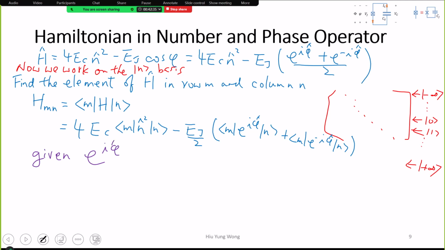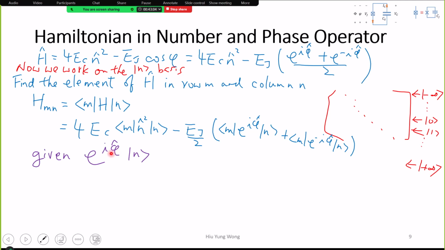If you apply e to the power i phi to n. Now remember, I don't know if you can appreciate this. We have two conjugate operators. N is the generalized momentum. This is the generalized coordinate. This is an operator. This is a state. This is the eigenvector or eigenstate of the number operator.